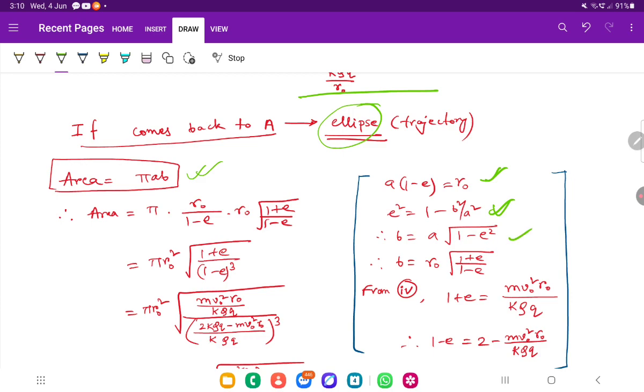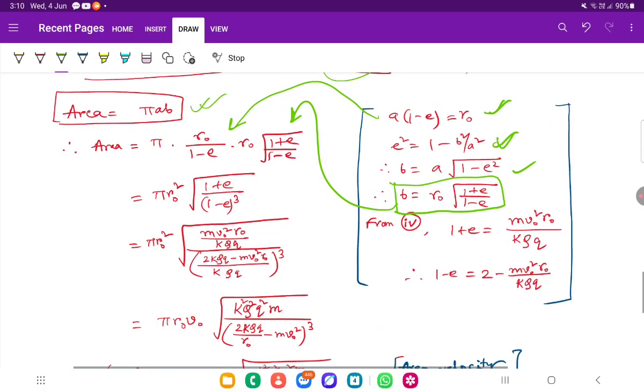From there you can relate b in terms of a and e, and then you can also put the a value in terms of r naught and get this b value. So this one is the b value, and this one is the value of e. I have written all the stuff in terms of r naught and e only.